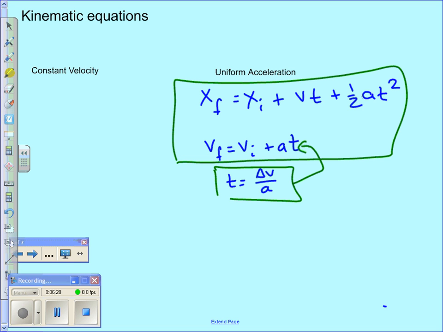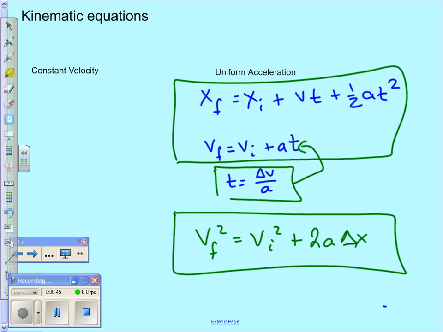If you're interested, I could show you how, but I'm just going to skip to the point. We can combine these two equations and come up with: the final velocity squared equals the initial velocity squared plus 2a times the displacement, delta x. That is our third kinematic equation.